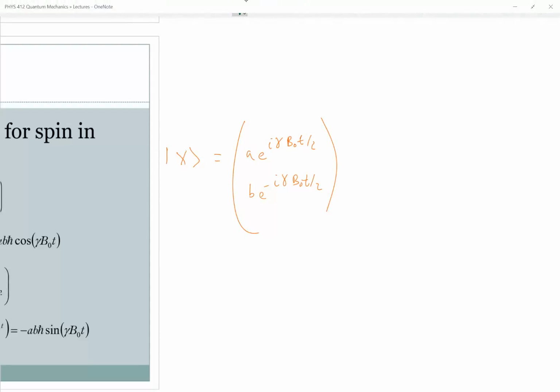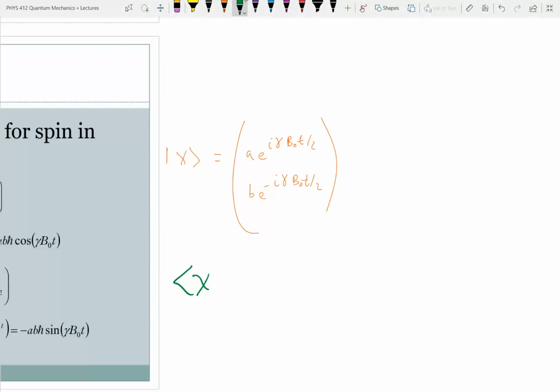So that's what ket chi is. So bra chi is, you do the transpose, so it's flipped to a row vector instead of a column vector, and you do the complex conjugate. So technically it's A star e to the minus i gamma B0 t over 2, B star e to the i gamma B0 t over 2.